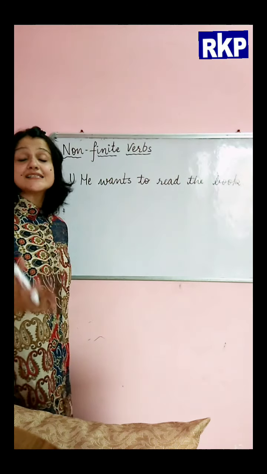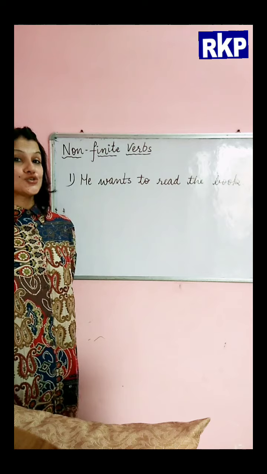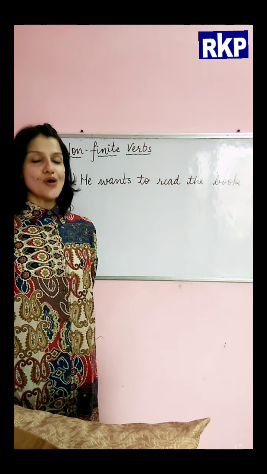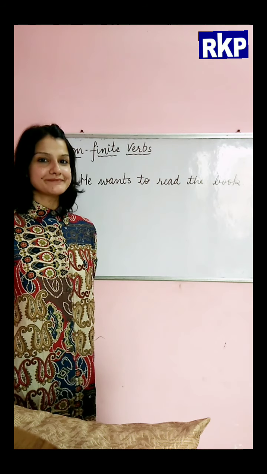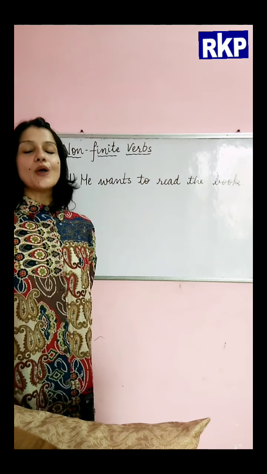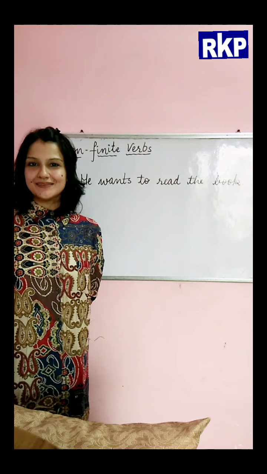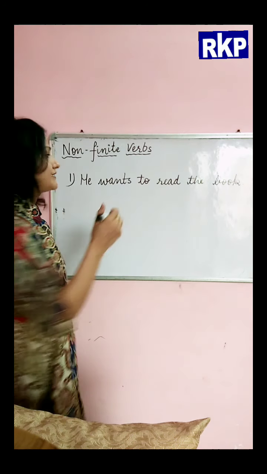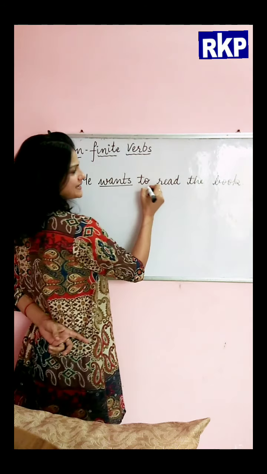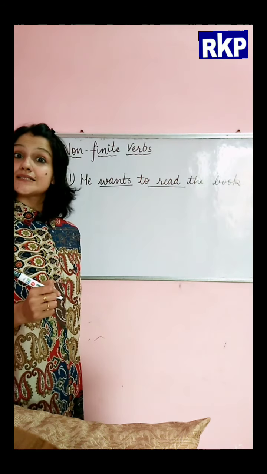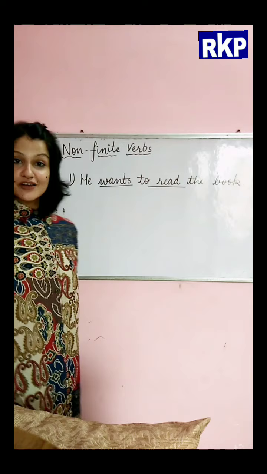Alright, so this is our sentence. He wants to read the novel. Now, can you find out the verbs here? Very good. We have two verbs here. Yes? Good. One is wants and second is read. Now, we are confused.